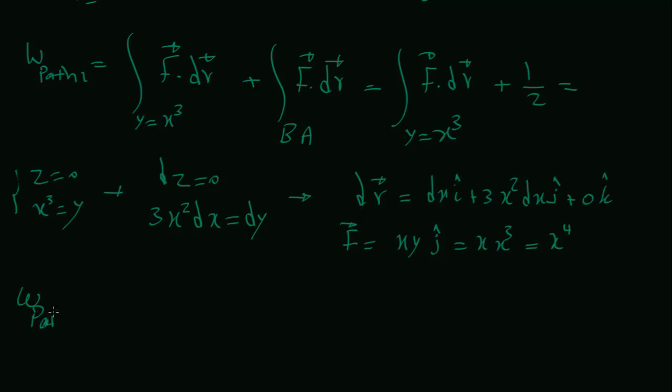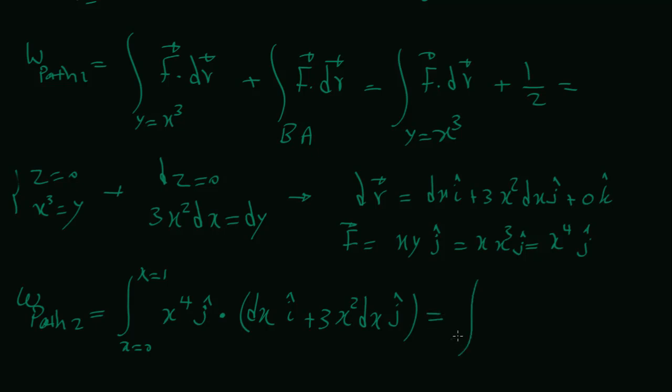So work on path 2 is equal to the integral from x equal to 0 to x equal to 1 of x to the 4th in the j direction dot dr, which is dx in the i direction plus 3x squared dx in the j direction.